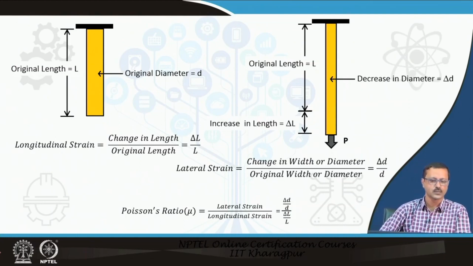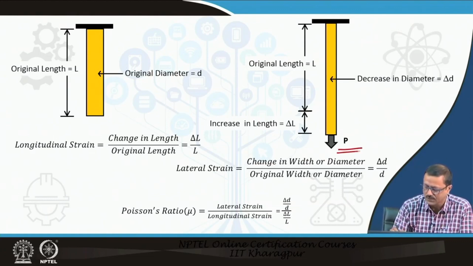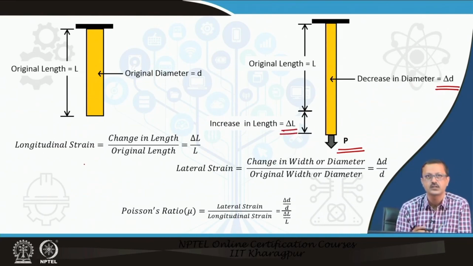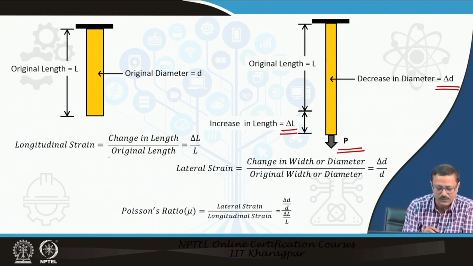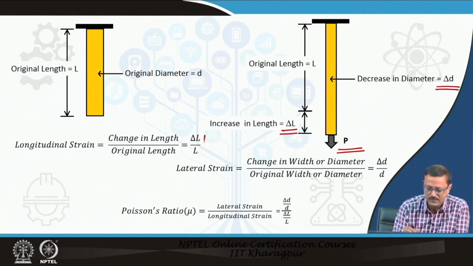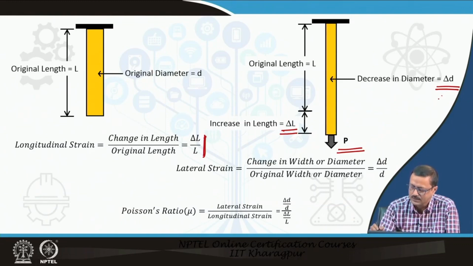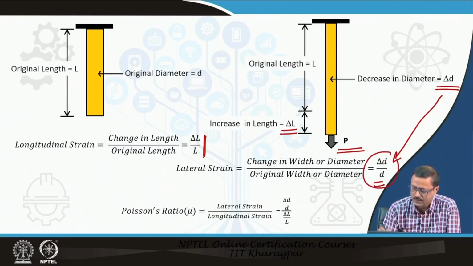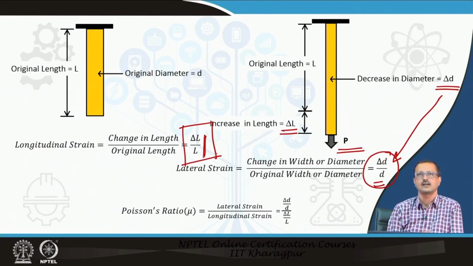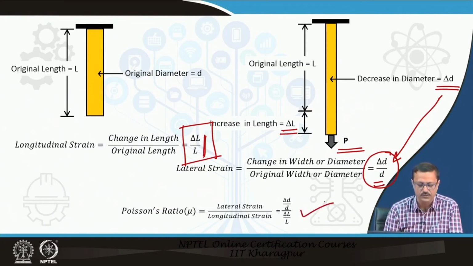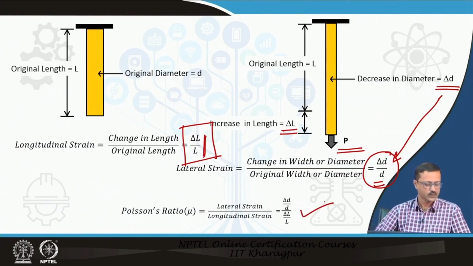It has a thick yellow bar having a diameter of d and an original length of L. After putting some load, the diameter decreases by del d, so it becomes a bit thinner, and the length is increased by del L. The longitudinal strain, along the length axis, will be the change in length by the original length, that is del L by L, whereas the lateral strain is in the diameter direction, so the change in diameter, del D, by the original diameter D. The ratio of these two strains, lateral by longitudinal, is called Poisson's ratio, denoted by the Greek letter mu.